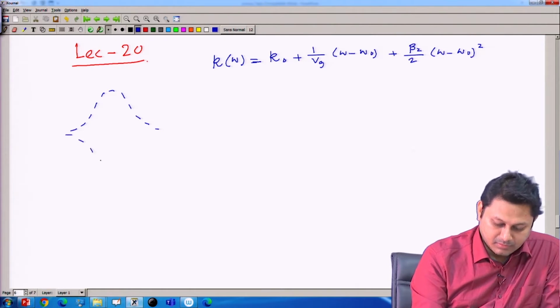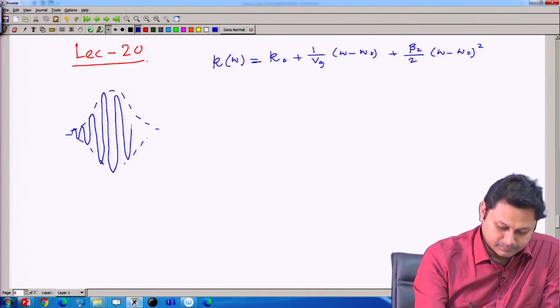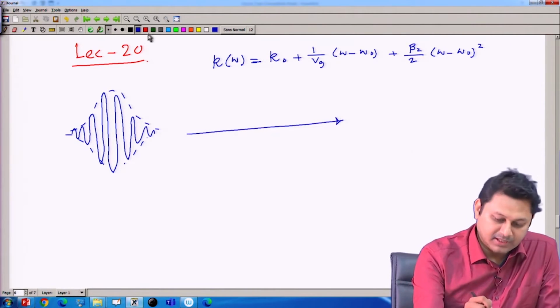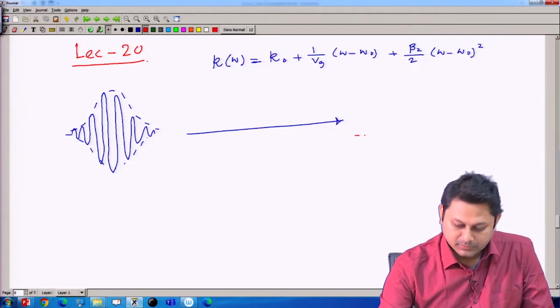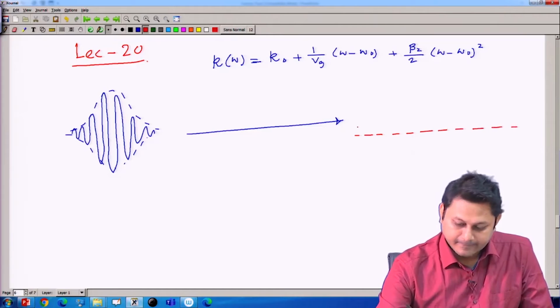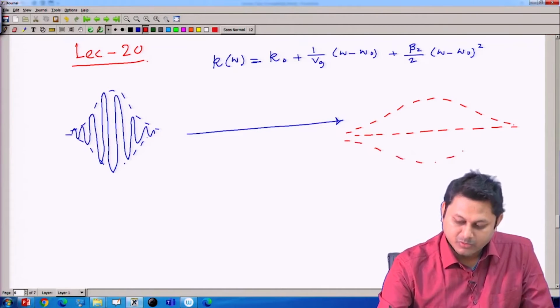If this is my input pulse moving through the dispersive medium defined by this k, in the output I have a pulse shape something like this, a broadened envelope.